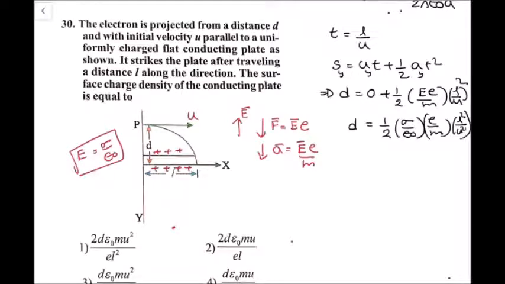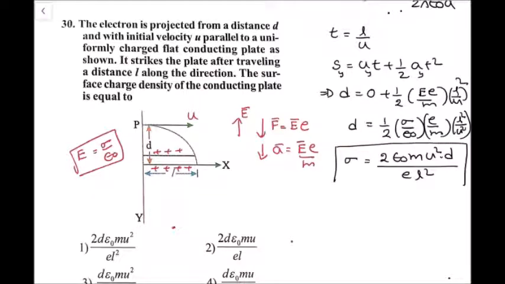Here our aim is to find the surface charge density. So sigma is equal to 2 epsilon naught m u square d by e L square. This is the surface charge density. This is given in option number 1. So option number 1 is correct.